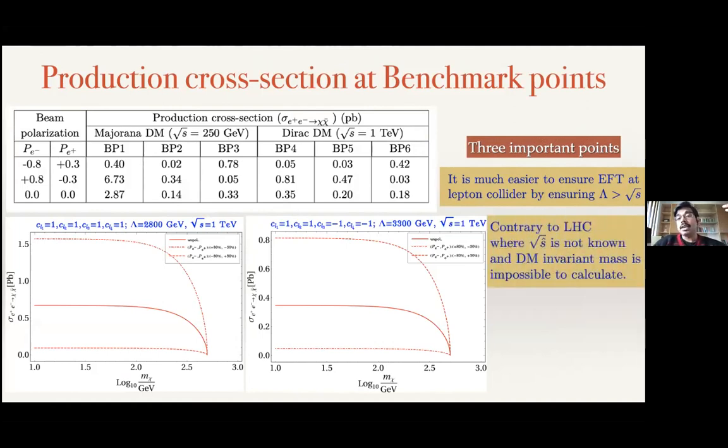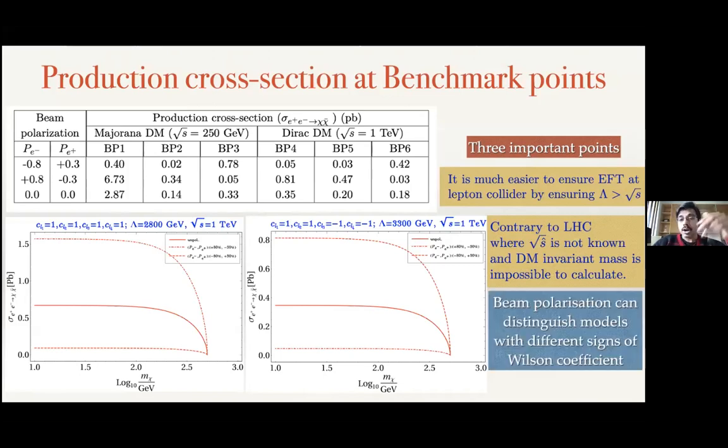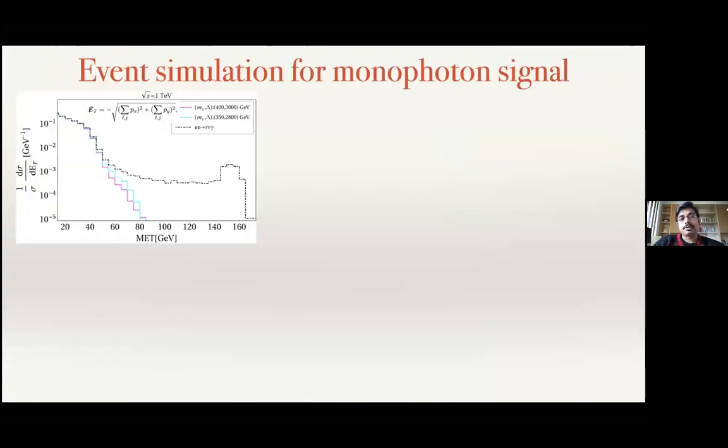Contrary to the LHC, where the partonic center of mass energy is not known, and because the dark matters are produced in the collision process, the invariant mass of the final state cannot be computed either. So ensuring the validity of the effective theory at the LHC is very, very hard. And also the beam polarization helps us to a great extent.